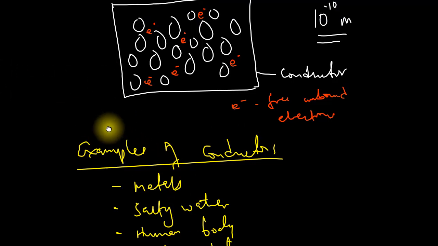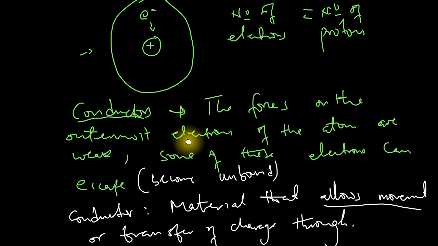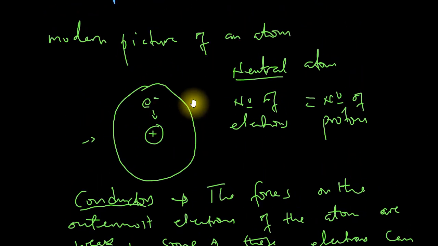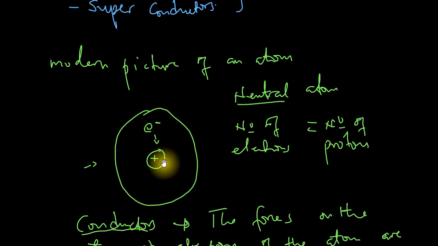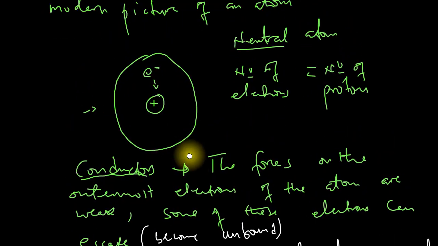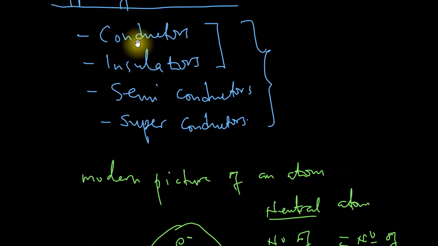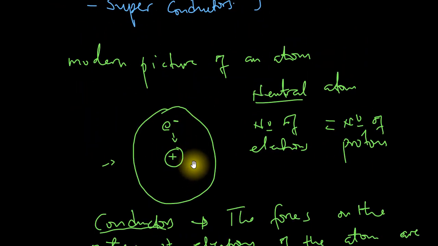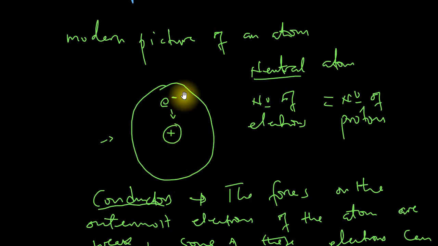Okay, let's have a quick recap of what conductors are before we move to the next part. So in our picture of an atom, we said all materials are made up of this basic atom. Inside the atom, there is a positive nucleus surrounded by a cloud of electrons. The classification of the material as a conductor or insulator depends on the nature of this atom. Some atoms have weak forces binding these electrons to the atom.